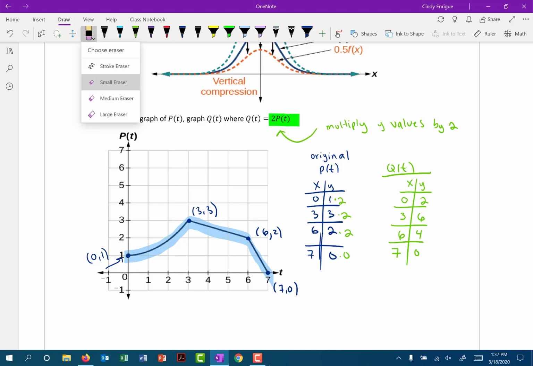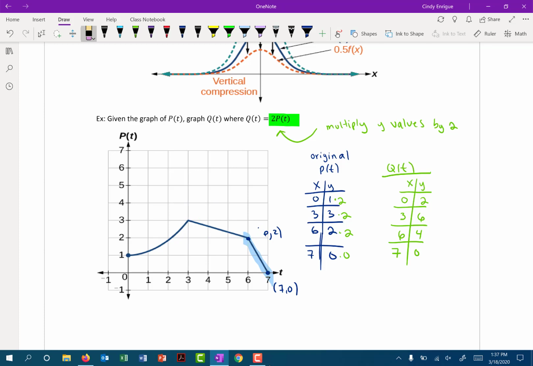So I'm just going to clean up my graph, so then that way I can have space. So now I'm going to see exactly where these new points are. So now I have 0, 2. I have 3, 6. I have 6, 4.